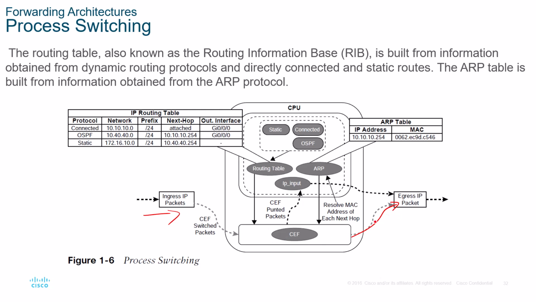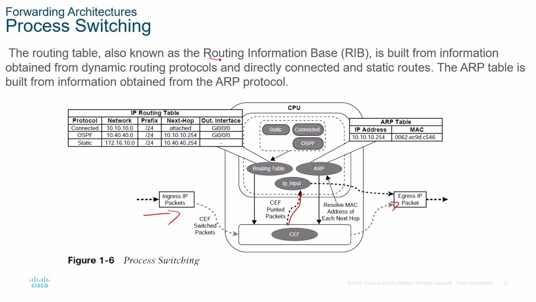If it cannot, it's going to have to do what's called a punted packet. It will be IP input and then forwarded out. If additional material might be needed, we might have to look at the combination of the route table and ARP. Again, ARP resolving the MAC addresses.